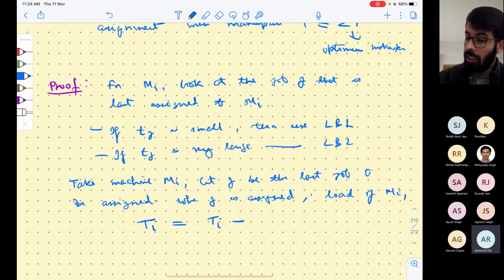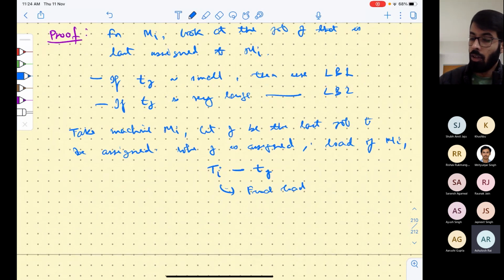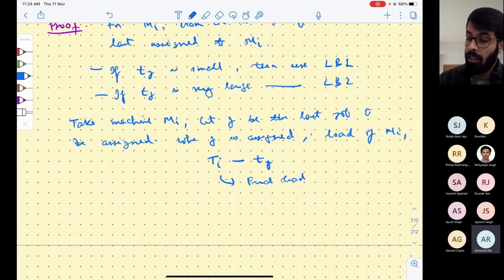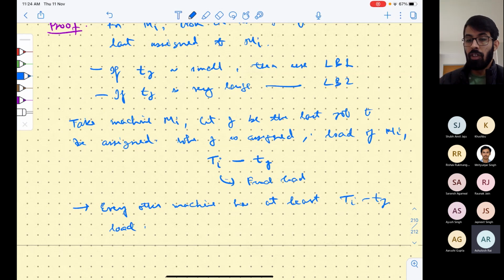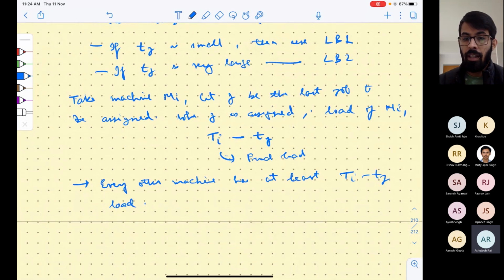Sorry, let's just say the load is equal to Ti minus Tj, where Ti is the final load and Tj is the length of the job that we have just assigned. But we also know from the algorithm that every other machine has at least Ti minus Tj load, because we are assigning the job to the machine with least load.